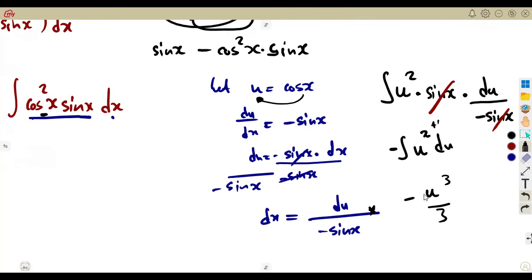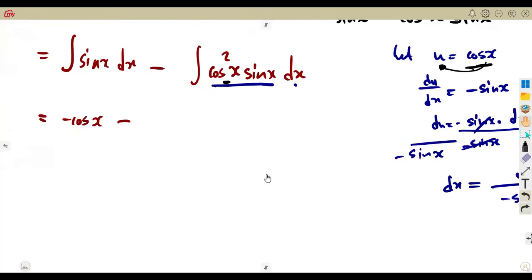What is the u? It's the cos. So it simply means we've got minus cos to the exponent of 3 x over 3. That is what you're going to obtain from this integral. So take note of this one, because if you check your memo there, they just made a mistake in simplifying.